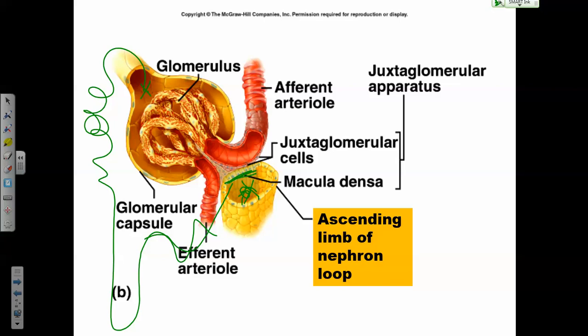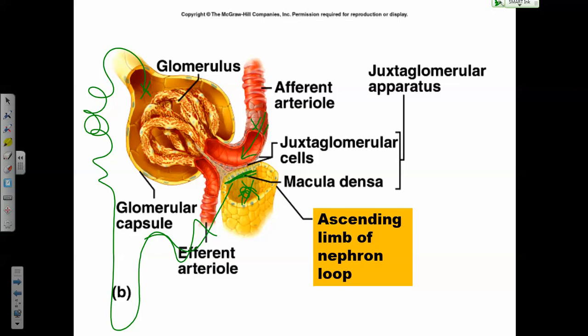So if the macula densa cells recognize a lesser amount of ions, that's going to signal the smooth muscle cells, these juxtaglomerular cells of the afferent arteriole, to relax. If they relax, what happens to the diameter of the afferent arteriole? It gets bigger. So more blood is going to flow in, which is going to increase the glomerular hydrostatic pressure, right?